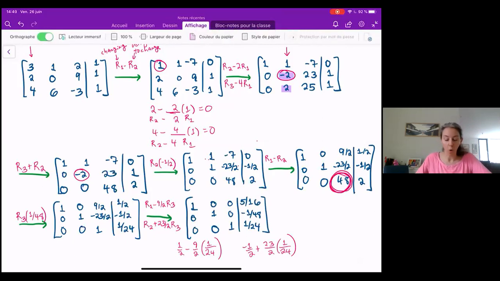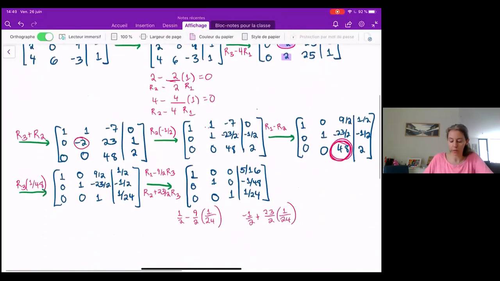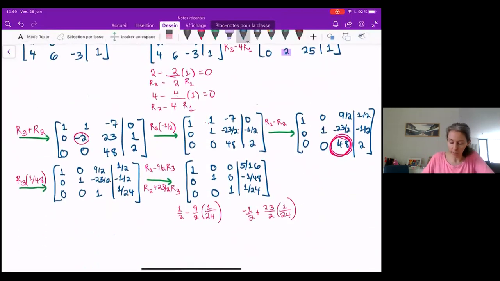So my final answer is not the matrix. The question was, how do the 3 planes intersect? Show by row reduction. So the answer is that here x is equal to 5 over 16, y is equal to -1 over 48, and z is equal to 1 over 24.